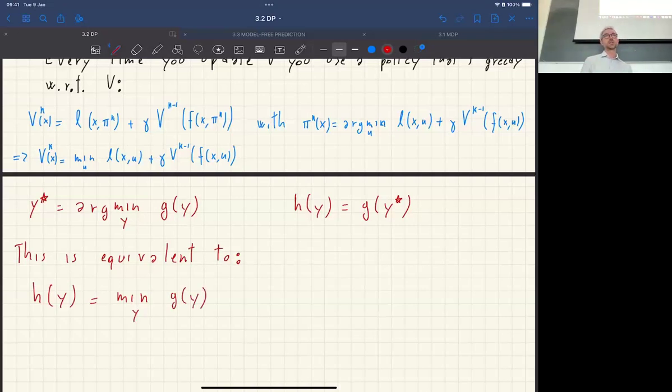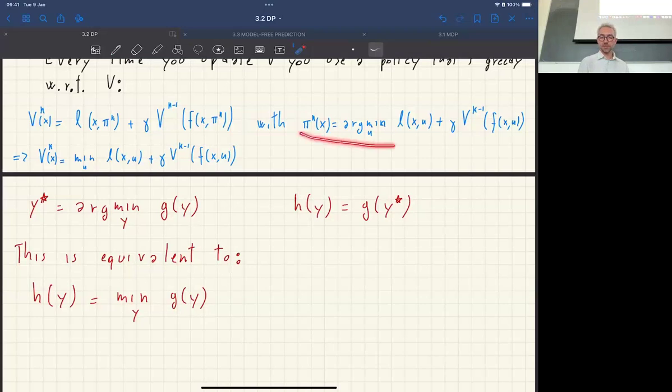Can we agree on that? Okay. Finding the minimizer and then evaluating the function I was minimizing at the minimizer is the same as finding the minimum of that function. So this is exactly the same thing that's going on above. It's just that the equations are a bit longer and more convoluted, but it's exactly the same.